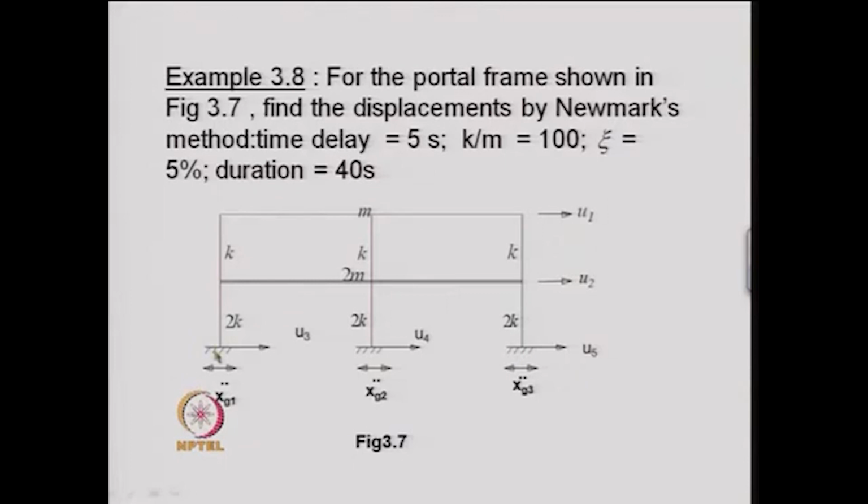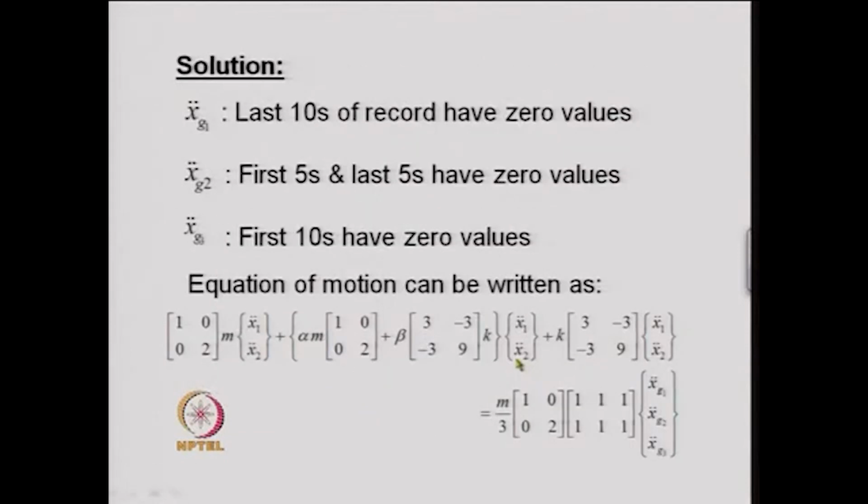When 10 seconds of ground motion have passed through this point, we get the ground motion here as well. As a result, the excitation caused by the same travelling wave of ground motion is different at these three different supports, and we can obtain this by the following considerations from the 30 seconds of record of ground motion that is available to us.